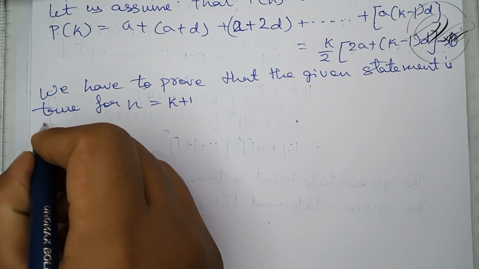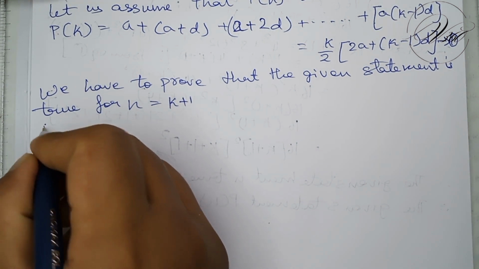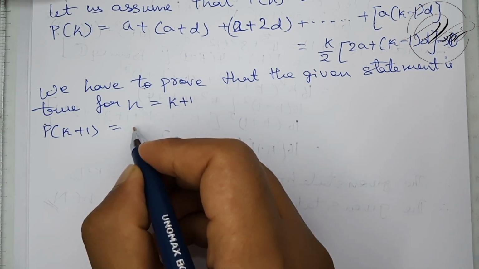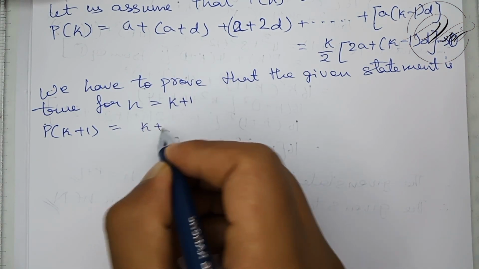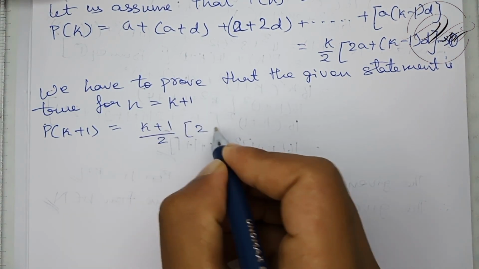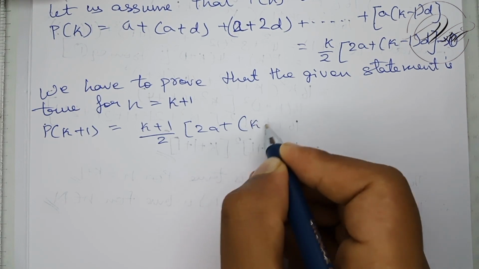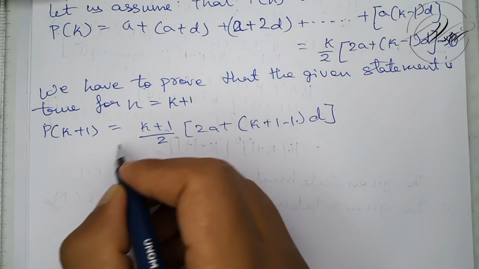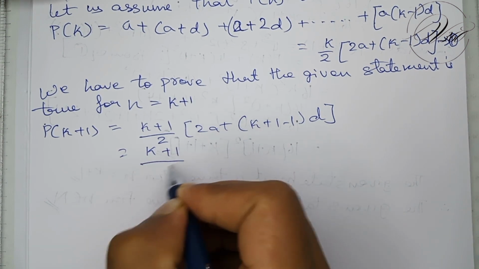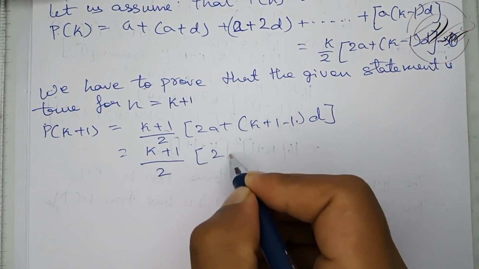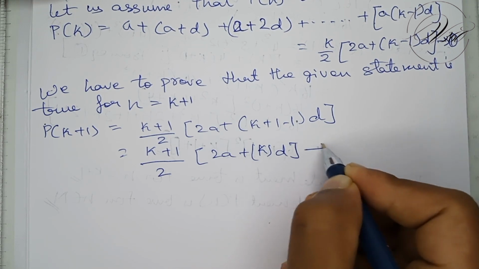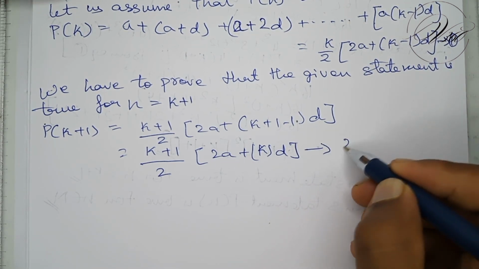Now, okay. Now the next step is p of k plus 1 is equals to (k plus 1) by 2 of (2a plus (k plus 1 minus 1) of d), which is equals to (k plus 1) by 2 of (2a plus k of d), is the second equation.